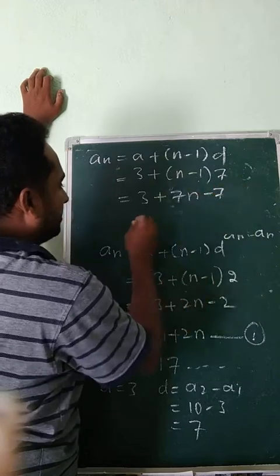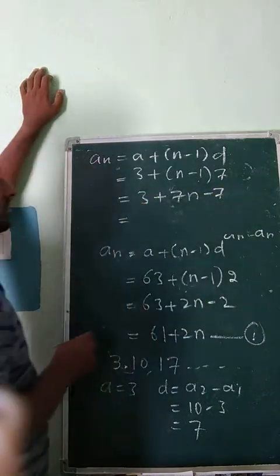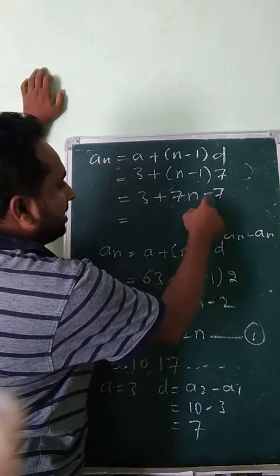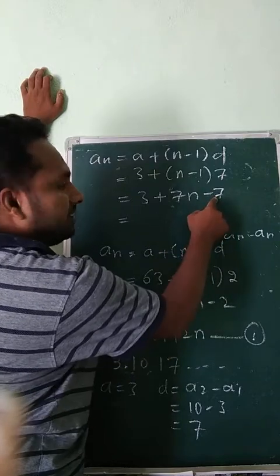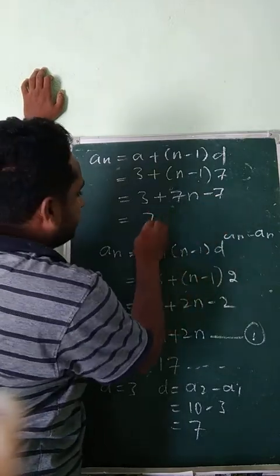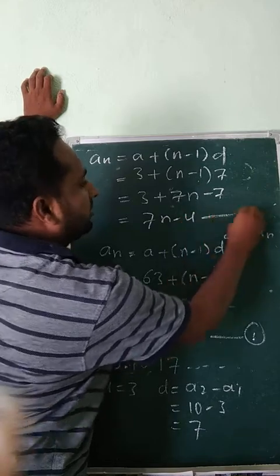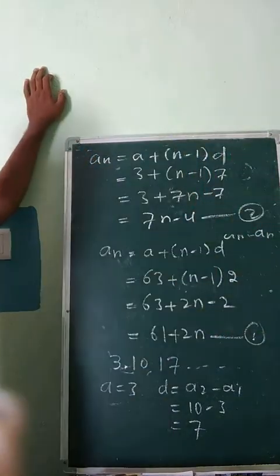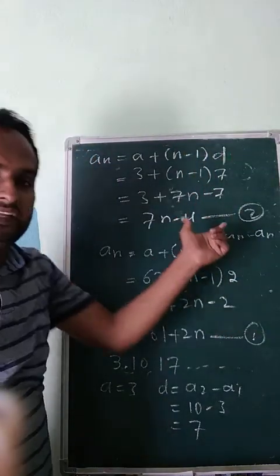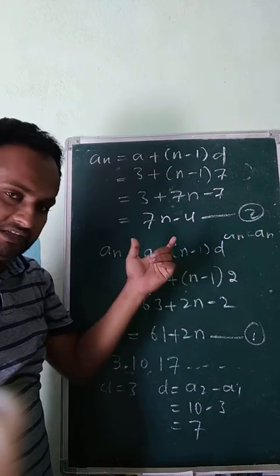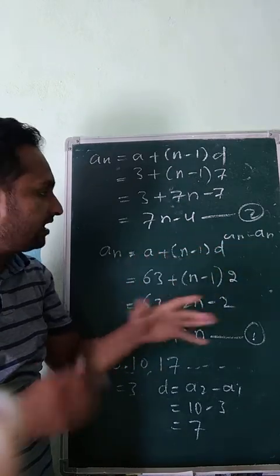Now 3 minus 7 is how much? Minus 4, correct? Therefore 7n minus 4. Now this is the second AP. They have given that both nth terms of the APs are equal.